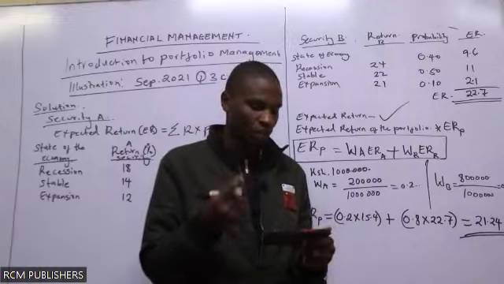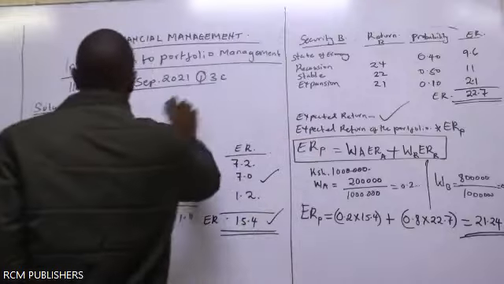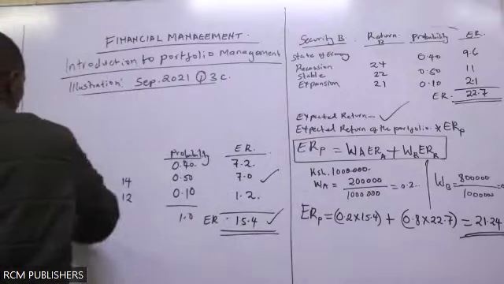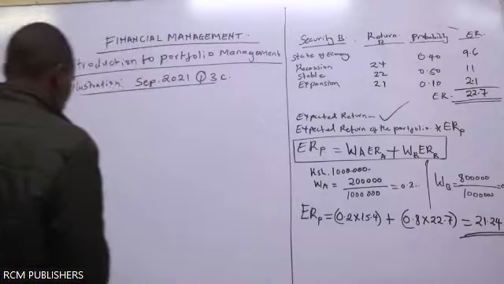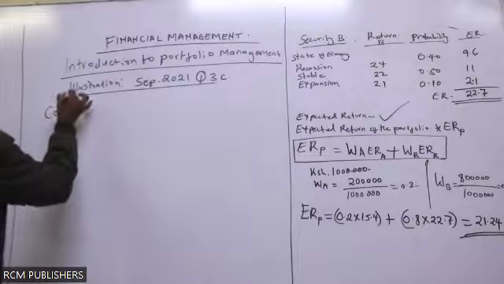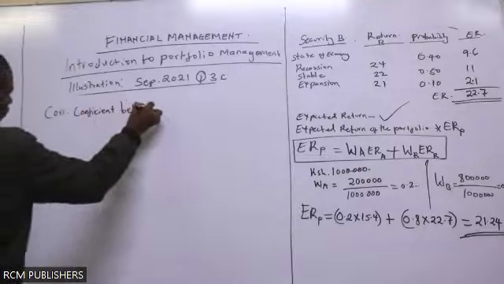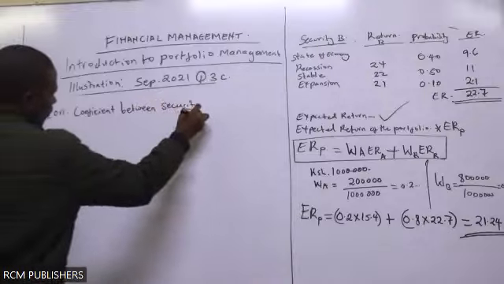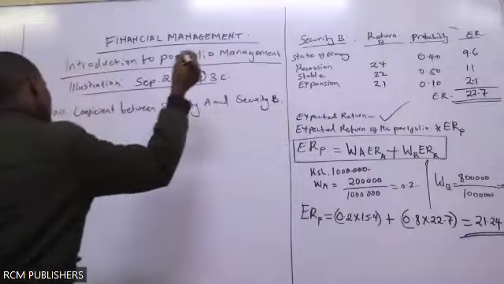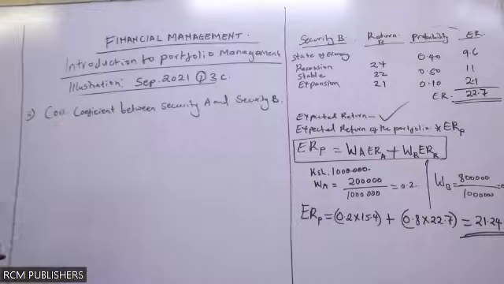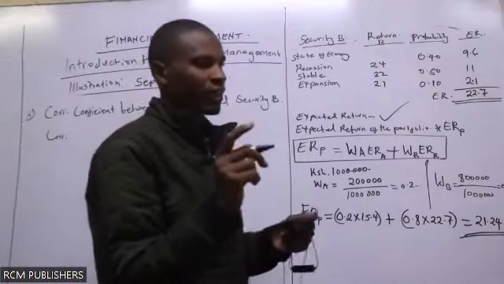Then we go to the correlation coefficient between security A and security B. So we need to get the correlation coefficient between security A and security B. I think everyone is aware of the formula of getting the correlation coefficient.